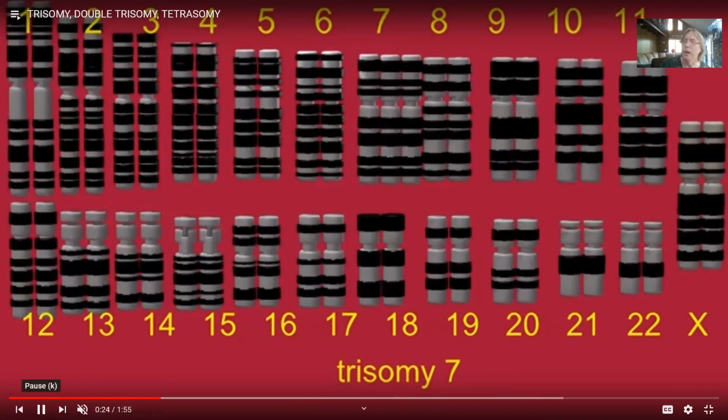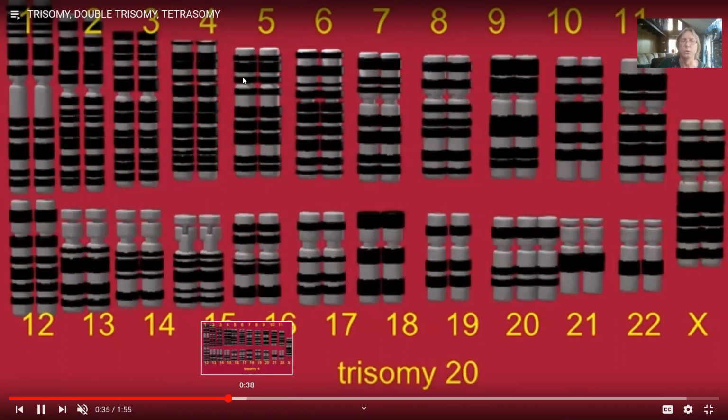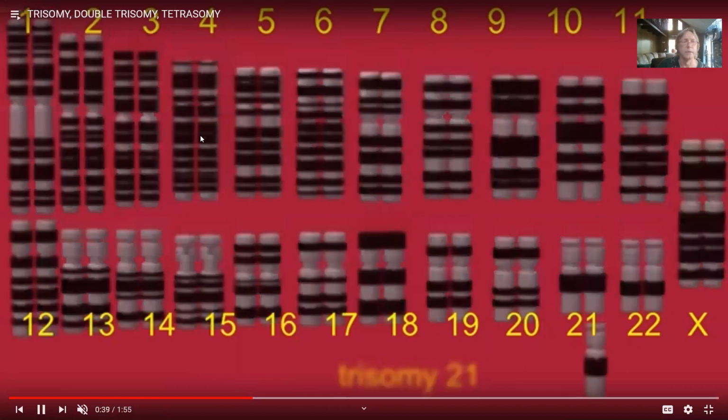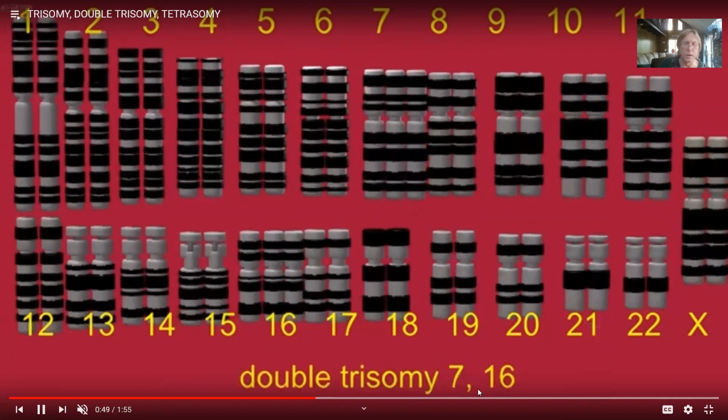As before, this could affect any of the chromosomes. So here is a trisomy 20. There are 3 copies of chromosome 20, or trisomy 4 a second ago, or trisomy 21. So notice there are 3 copies of chromosome 21.